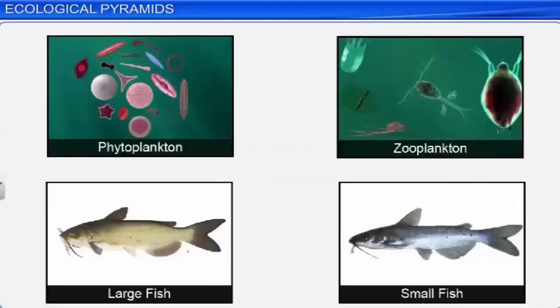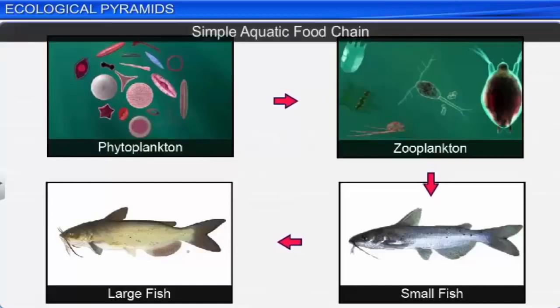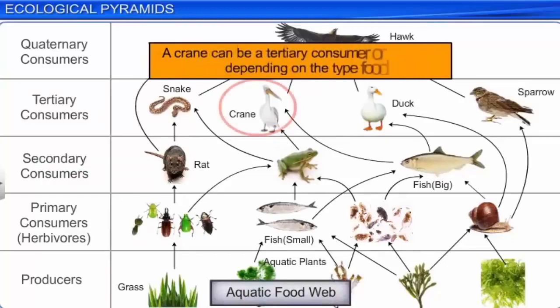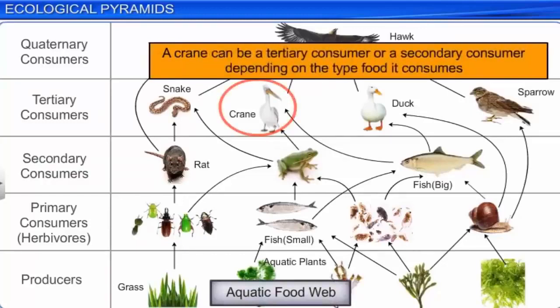An ecological pyramid also has certain limitations. For instance, it always considers a simple food chain which doesn't exist in nature. Moreover, it doesn't consider a food web and does not take into account species that exist simultaneously at 2 or more trophic levels.